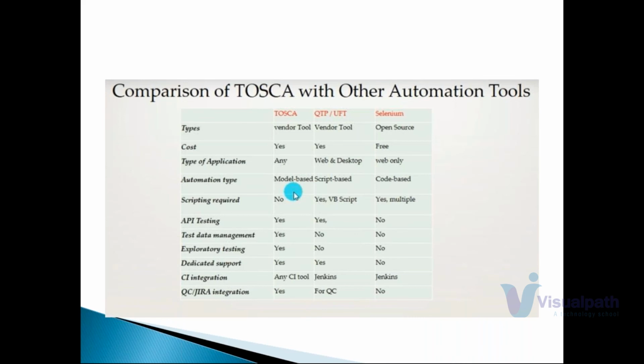Transferring the data from the local system to the remote repository is called push. You have a button called push. When you click the push button, whatever code is available in the local system is transferred to the remote repository. This process is called check-in.